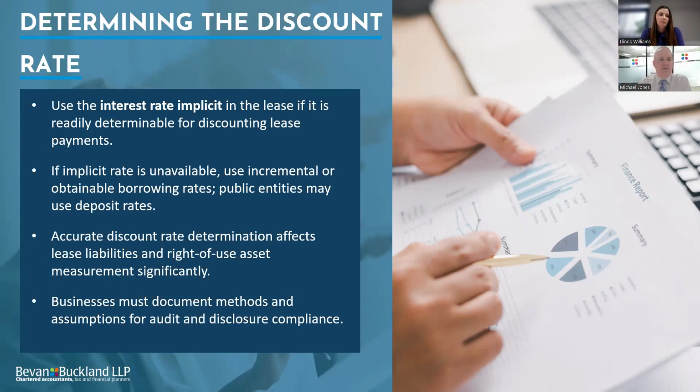The standards are quite clear. If you can't get the rate from the lease, you can use any current or incremental borrowing, or what you could get current borrowing at, or you may be able to use deposit rates as a guide. And again, from an audit side, we'd want to find out what rate you've used, why you've used it, what's your comparable rate, just so we can do the check to make sure we've brought it in correctly.